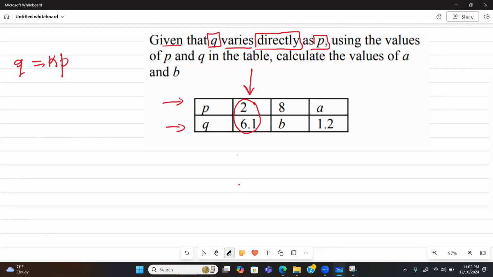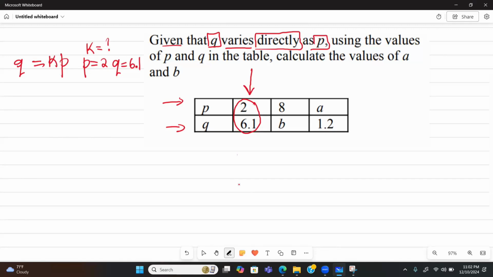Let's write them down: p is 2, q is 6.1. You could see that in that table. But we do not know what k is. So we need to find k, the constant of proportion, very early so that we can use it to find a and b. So we are now in search of k.